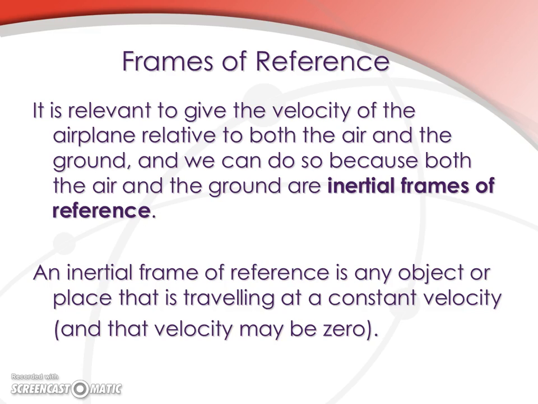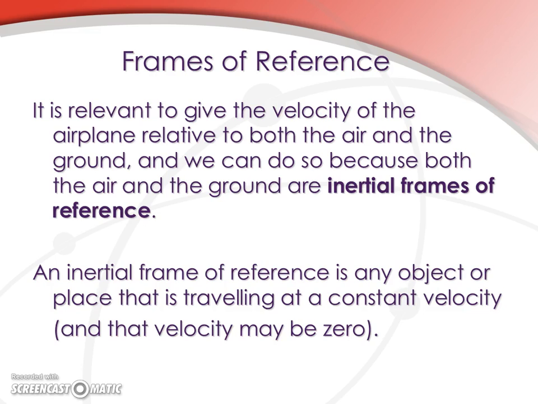So what we have done in this case is we have taken two objects with two different frames of reference and we related them to a single point of reference. And by doing this, we can compare their movement.